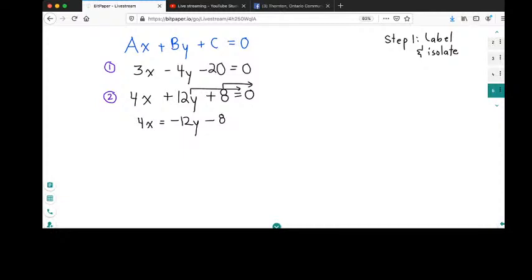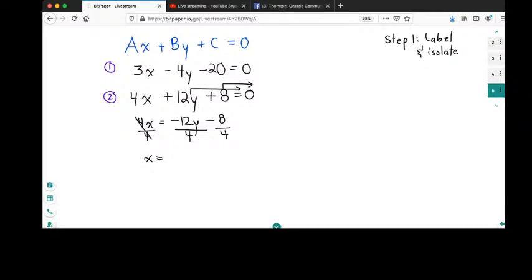Now what we're going to do is isolate for x, because when we say isolate, we really mean that we only want x by itself, aka 1x. The only way to do that is to divide everything off of it. In this case, positive 4 is multiplied by x. The opposite operation is dividing by 4. Divide both of these by 4. Cancel that out because 4 divided by 4 is 1.